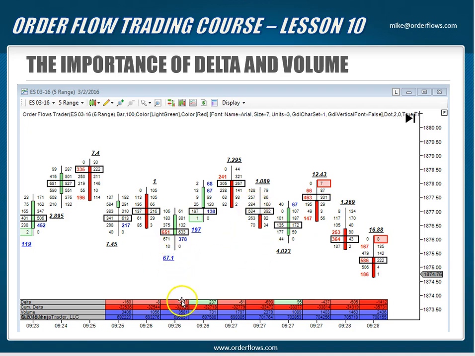Here, earlier you got minus 411 delta, but then immediately in the next bar you got a positive delta. If the selling is going to continue, you're going to be looking for a strong negative delta. Then again, minus 693, you're thinking, hey, this could be the start of it. But what happens in the next bar? You get a small positive delta. Then it starts to reappear shortly thereafter.